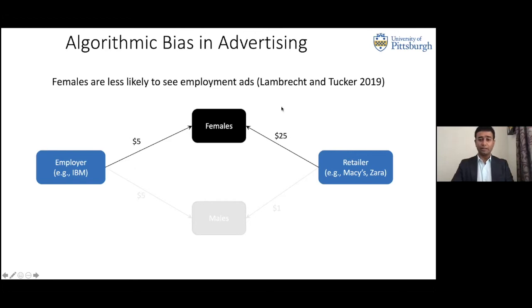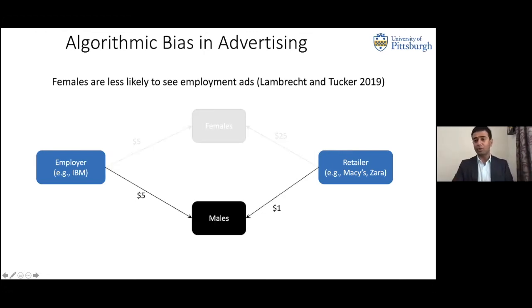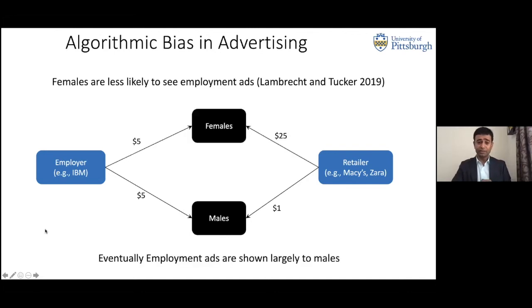In this situation, most of the time, this employer is going to lose these female impressions. And when a male comes online, these retailers don't show as much enthusiasm, and they bid a very low amount. This employer still bids the same amount. So in the end, most of the employer's ads are shown to only males. That is the result, right?